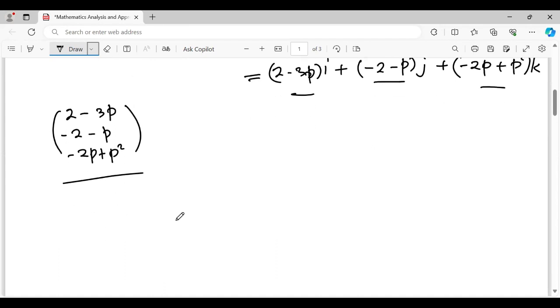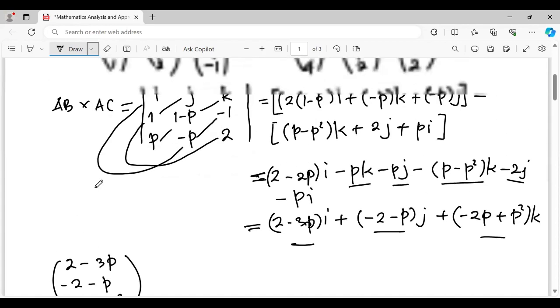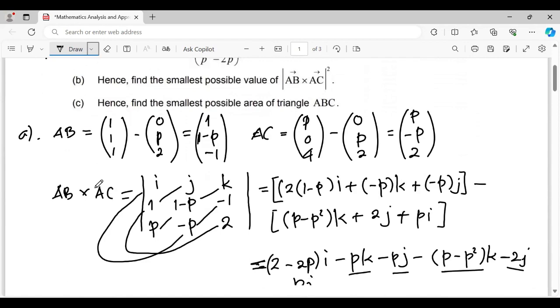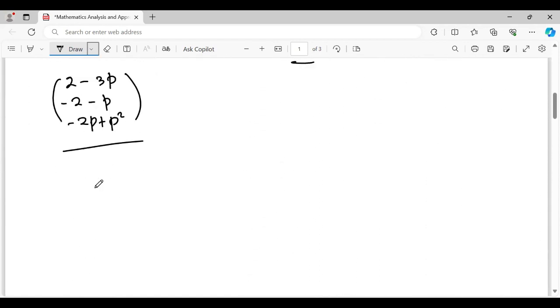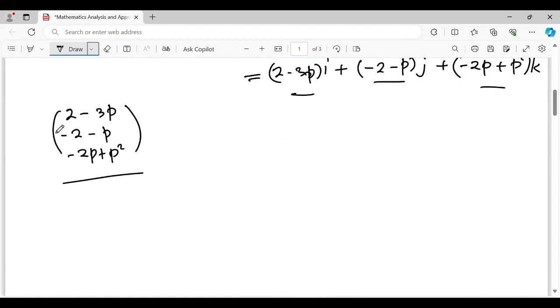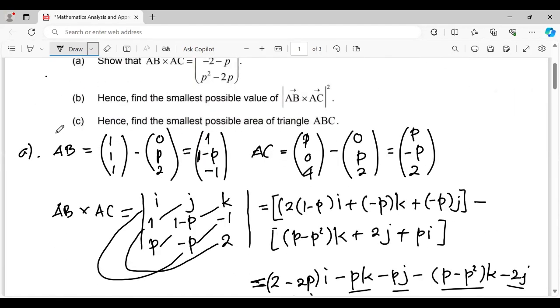And part B is, we are going to find the smallest possible value of the modulus of AB times AC squared.